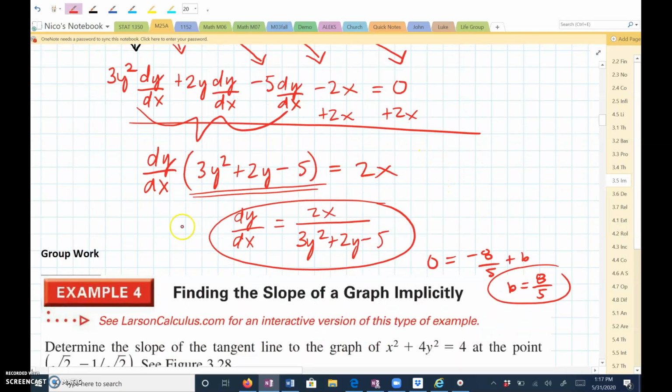If we want to find the slope of the tangent line for dy dx at 2, 0, x would be 2, so we'll do 2 times 2, and y would be 0. So this is going to end up being negative 4/5.